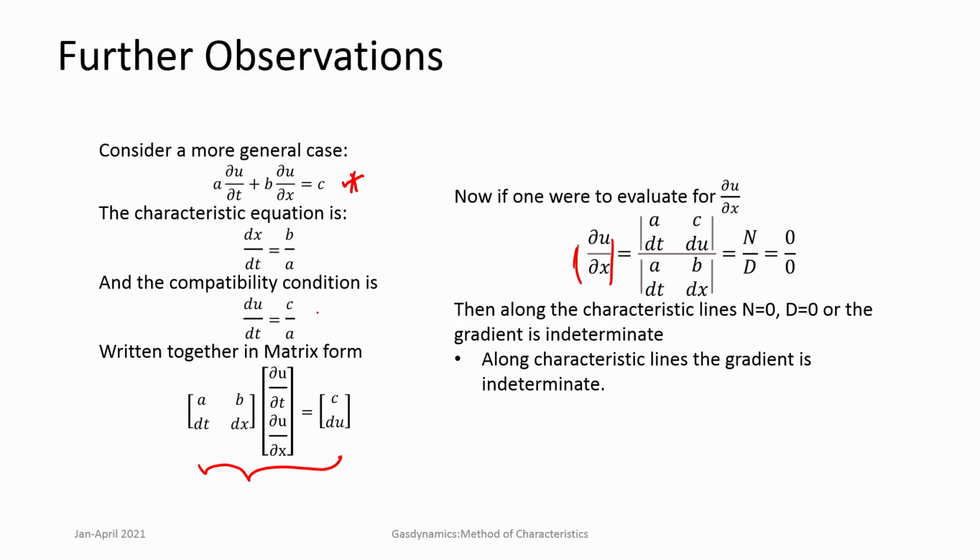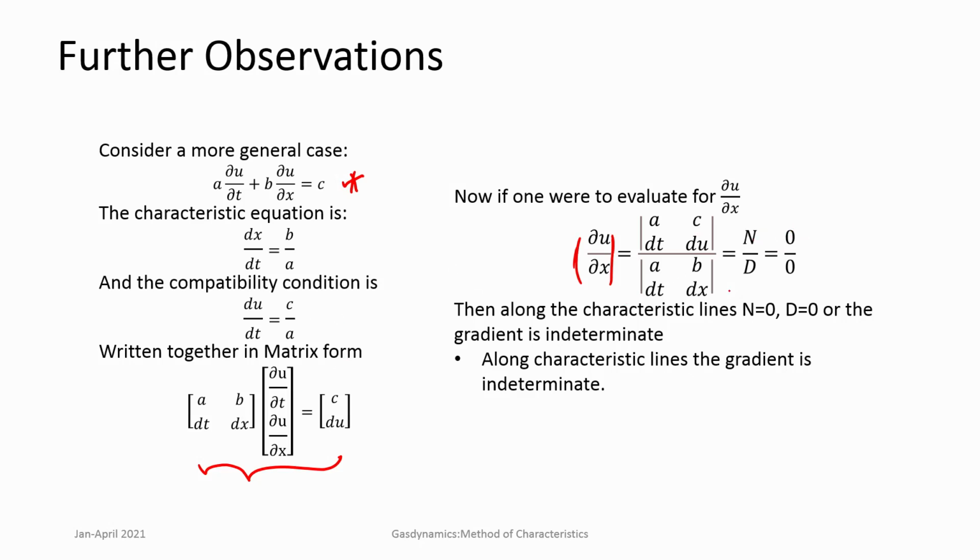You can solve this by using Cramer's rule, and we know that we are looking at characteristic lines. So, we get this condition, the bottom is the determinant: a dx minus b dt, which is 0 along a characteristic line. Similarly, the numerator, which is a du minus c dt, is nothing but the compatibility condition, that is, the numerator is also 0.